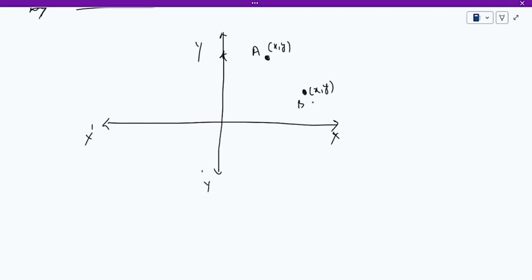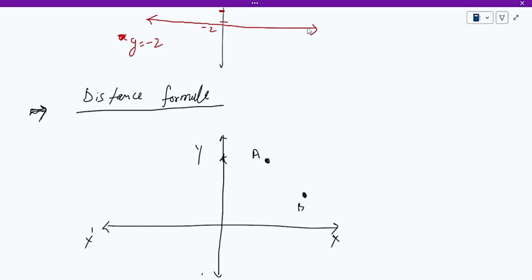To differentiate them, we'll use subscripts. We'll write this as x subscript 1, y subscript 1, and this is labeled as x subscript 2, y subscript 2. So x1 y1 and x2 y2 are the two different points whose coordinates we have been given.